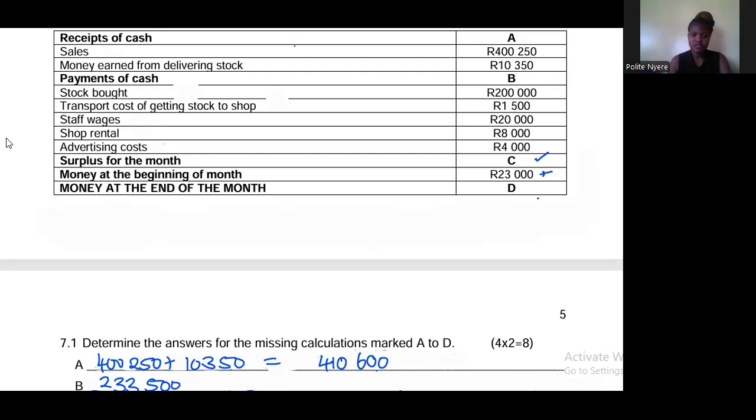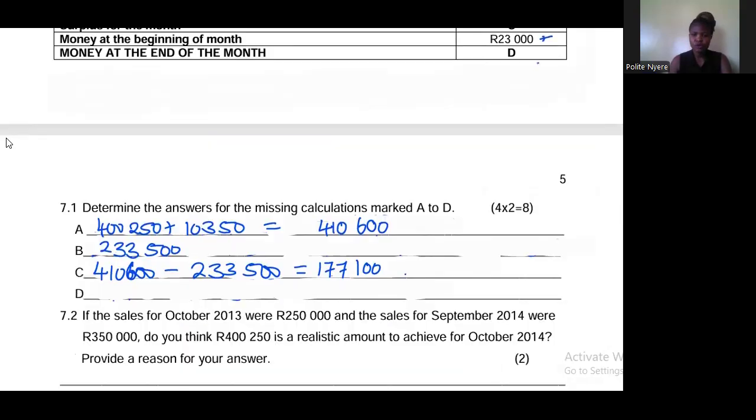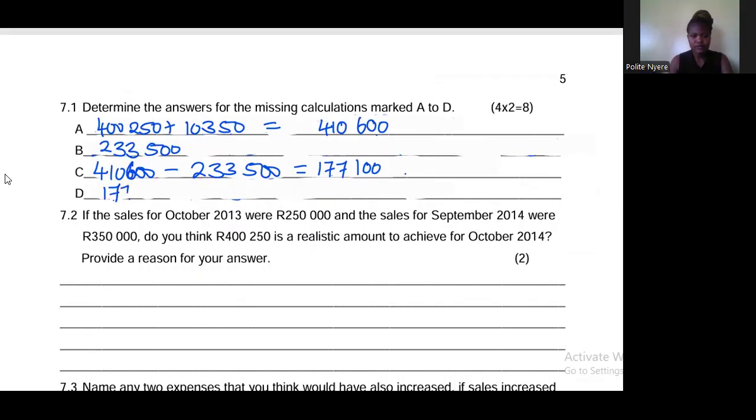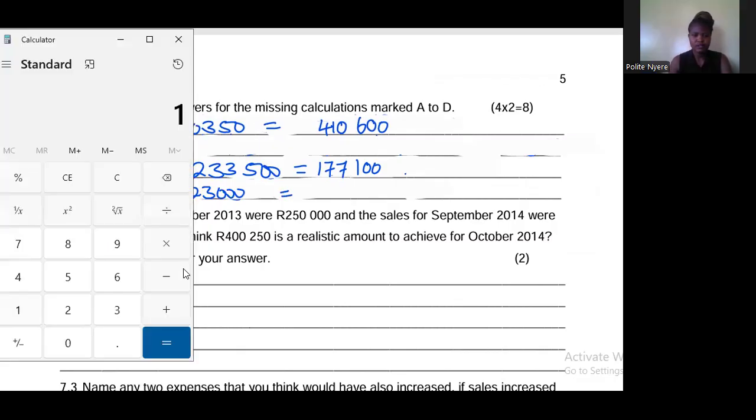So we're going to say 177,100 plus 23,000.